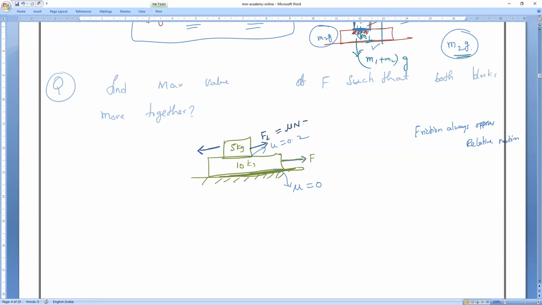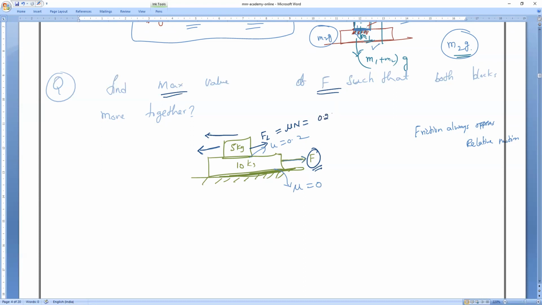Both bodies will move together only if I apply a maximum force, and that force we have to calculate. Since the second body moves backward, the limiting force acts in the forward direction. Am I right or wrong?